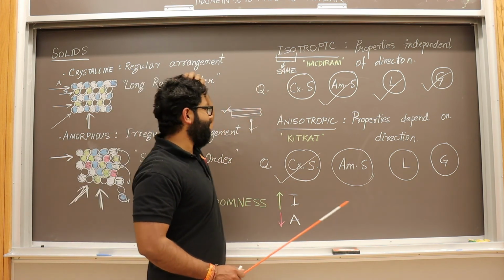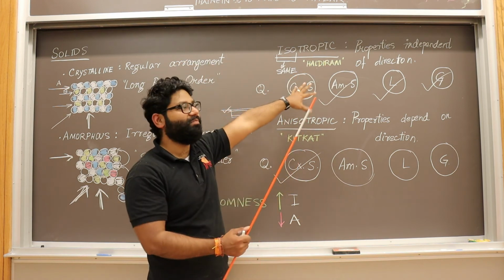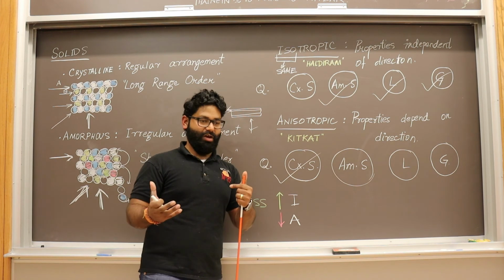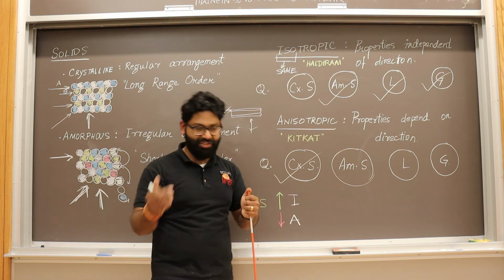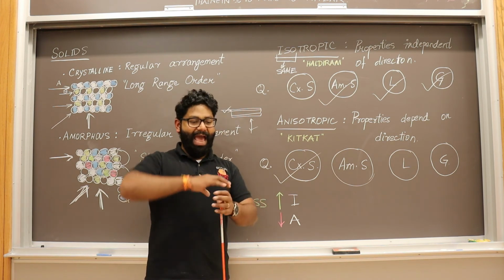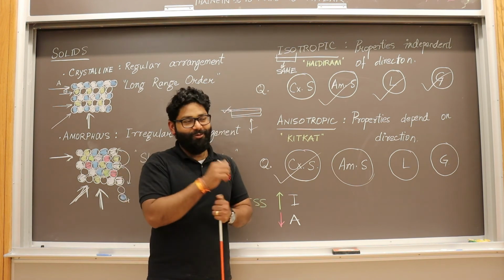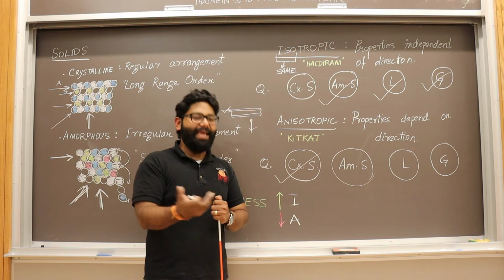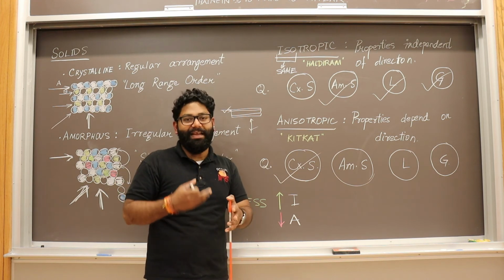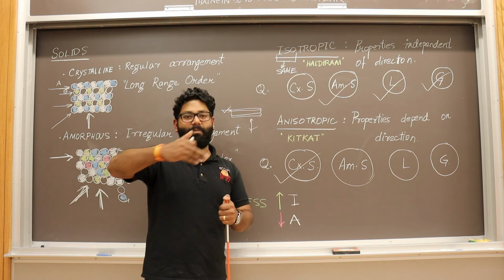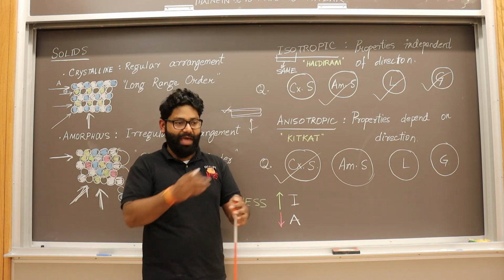Isotropic, on the other hand, I have given an example of an Indian brand of snacks in which you have a whole mixture of things with different kinds of nuts and different kinds of snacks, and it's all mixed up into a very delicious mixture. You can try that if you want. If you take a scoop and taste it, it tastes the same on every scoop, although there's no particular arrangement in that.